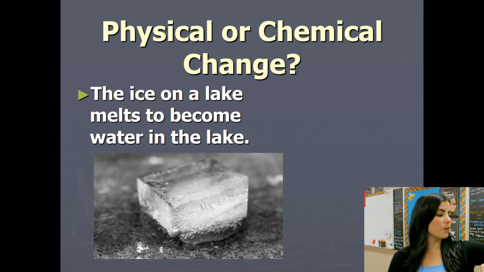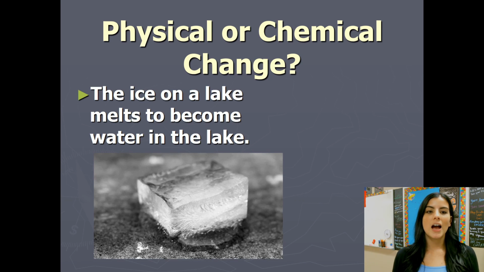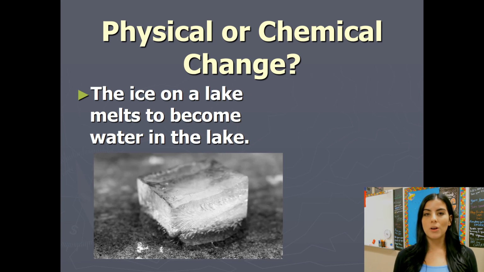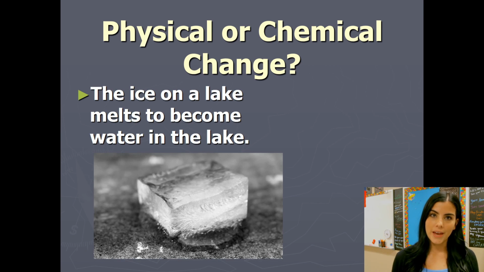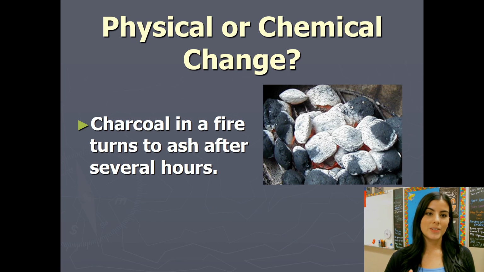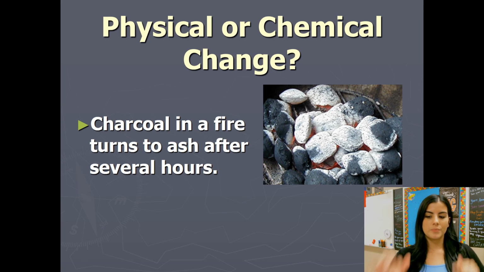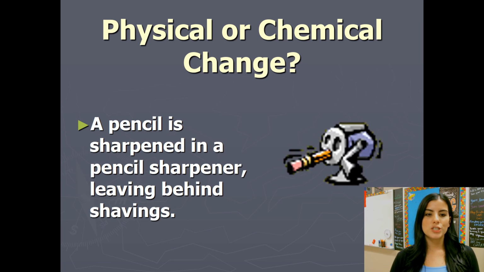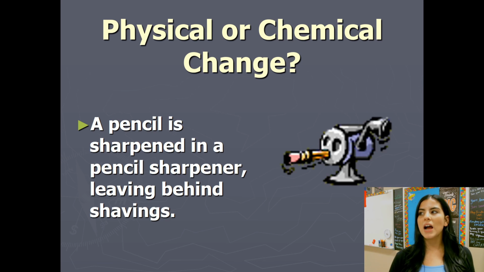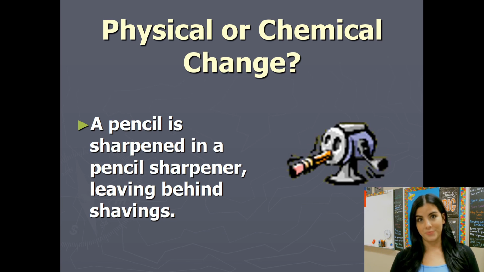Is this a chemical or a physical change? Ice on a lake melts to become water in the lake. Next, charcoal in a fire turns to ash after several hours. Think if you can reverse that or not. A pencil is sharpened in a pencil sharpener, leaving behind shavings.